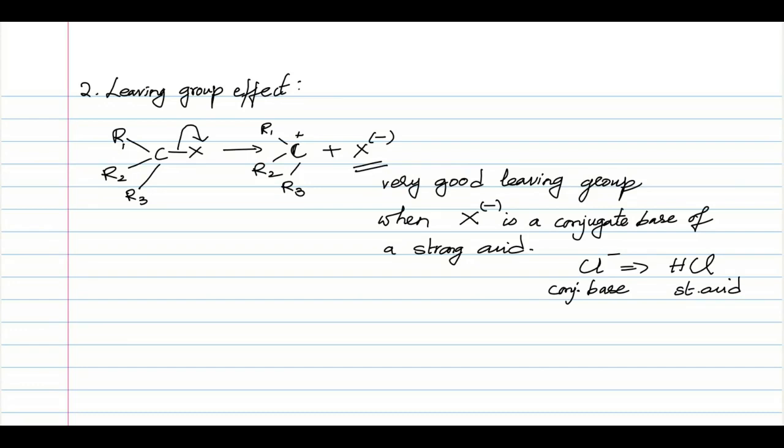Since Cl minus is the conjugate base of a very strong acid, it is a good leaving group. Since it's a good leaving group, the formation of carbocations is accelerated.